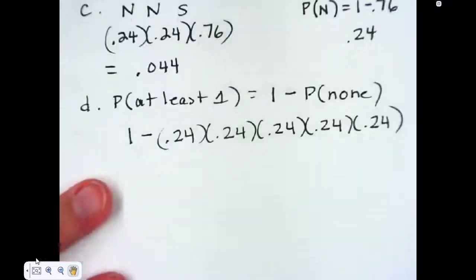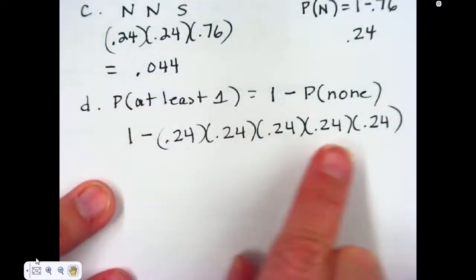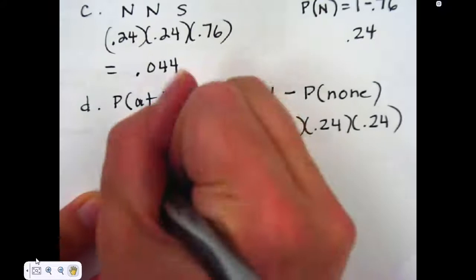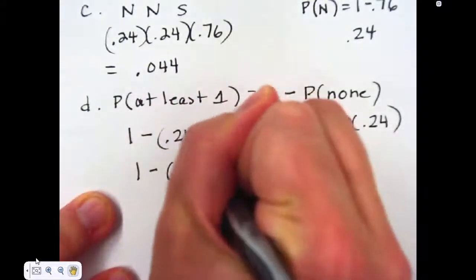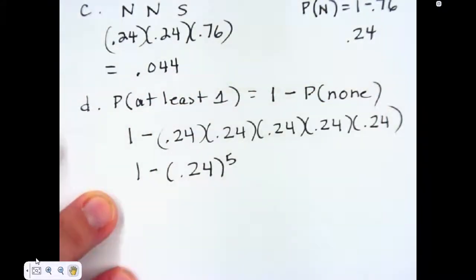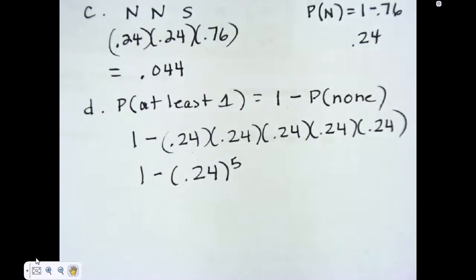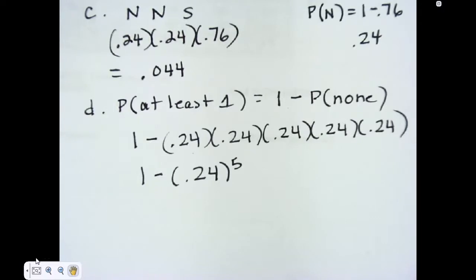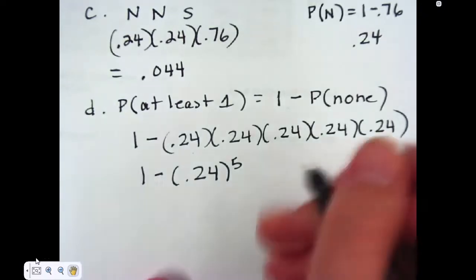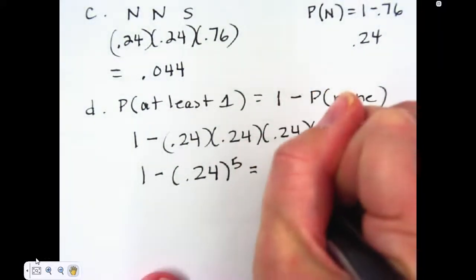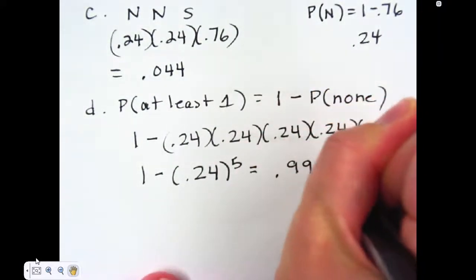Generally, which I would do if I was doing them on my own, I would just raise that to the 5th power. So I'm just going to go ahead and calculate that. So the probability of at least one is 0.999.